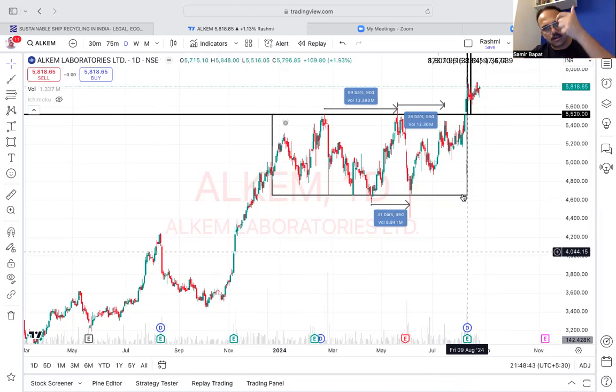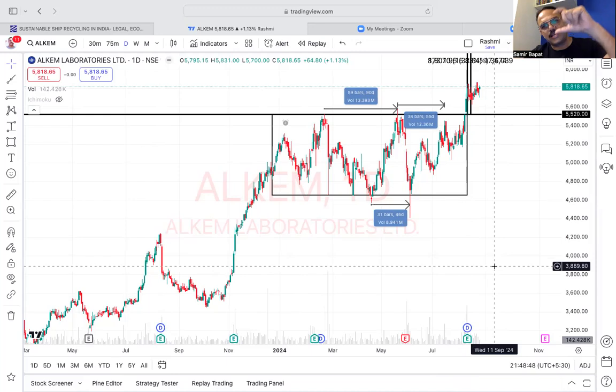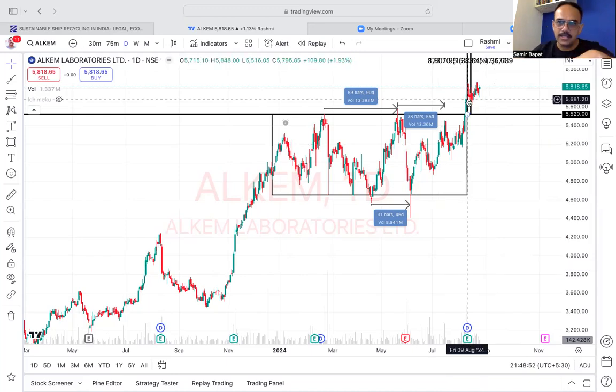If it closes below the rectangle, it will go down by the same size of rectangle till the bottom. If it is closing above, there is a high probability that it will go above. So the consolidation is like a waiting time. Something is happening. Some news is about to come, right? So this is a make or break consolidation.